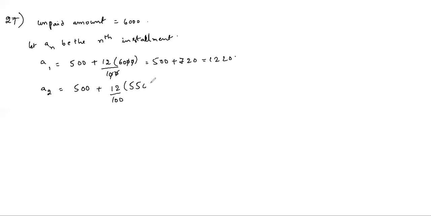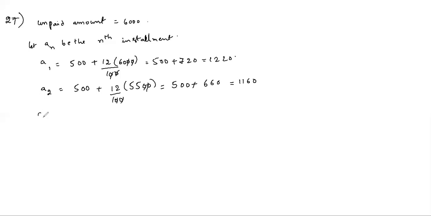Similarly, A2 is the 500 installment plus 12% of the remaining amount, 5,500, because the first installment of 500 was already paid. So the remaining unpaid amount is 5,500. So 500 plus 660, so 1160.